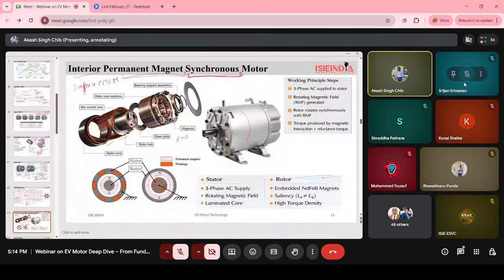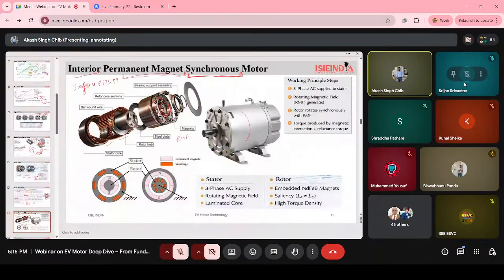That's why we named it permanent magnet synchronous motor. The magnets are fixed inside and move at the same speed as the rotating magnetic field. That's why we get higher torque in this motor, and that's why the PMSM motor is widely used in four-wheeler EVs.